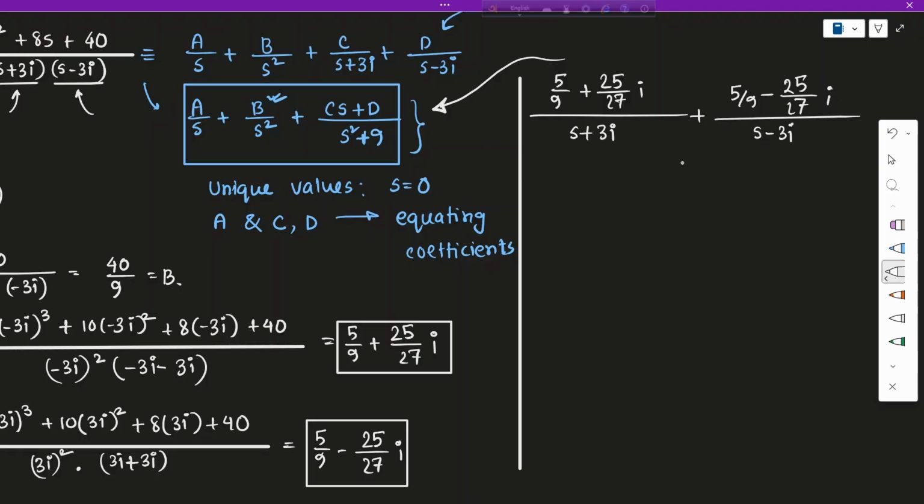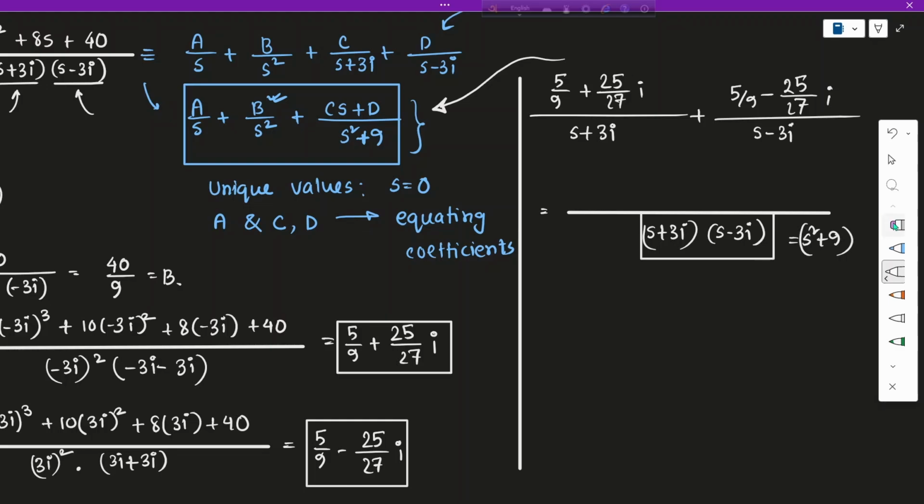Do we just add these two fractions together and find this form automatically? First of all, if we add these two fractions, the denominator is going to be s plus 3i times s minus 3i, but we already know that this is actually equal to s squared plus 9, right? So we can easily substitute these two with s squared plus 9.